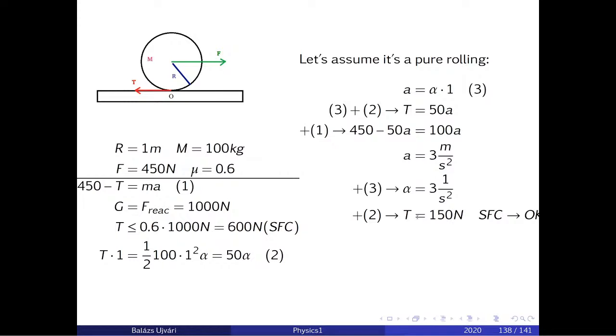If not, we have to do something else. So it's the same thing we did on the incline. If the static friction was large enough to compensate the parallel component of the gravitational force, the box remained in the same position. If not, it started to slip.